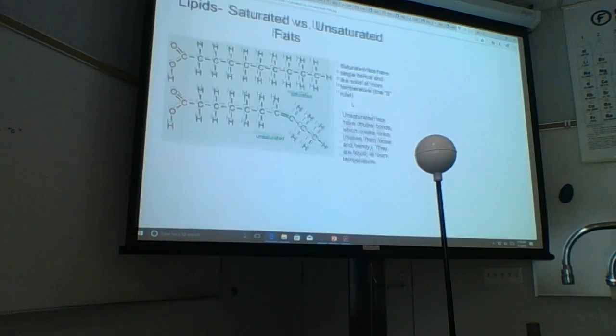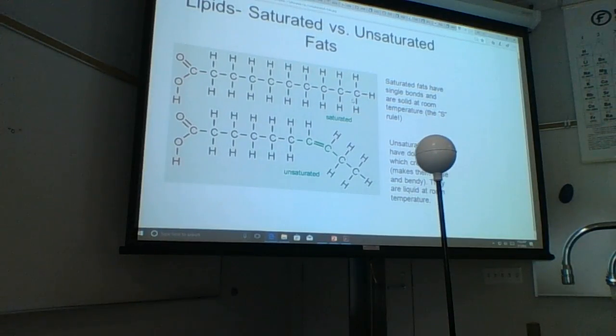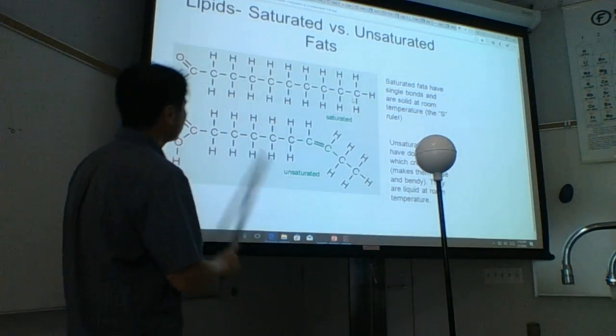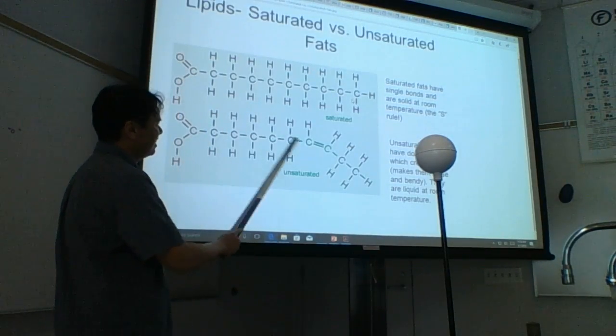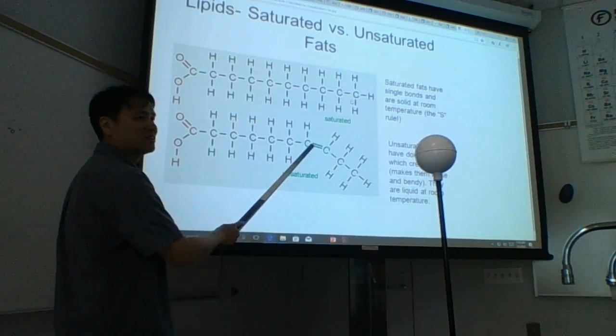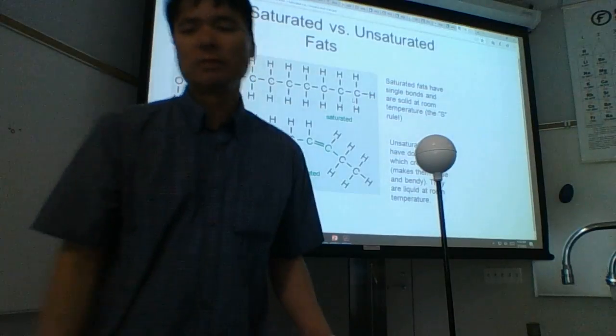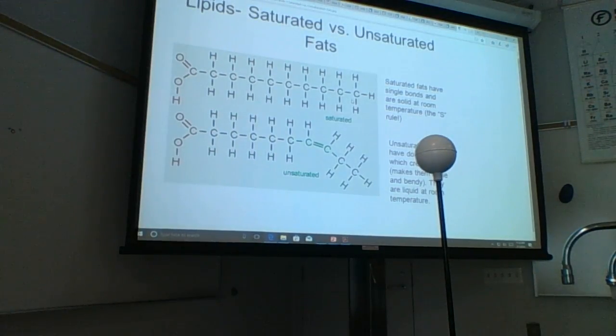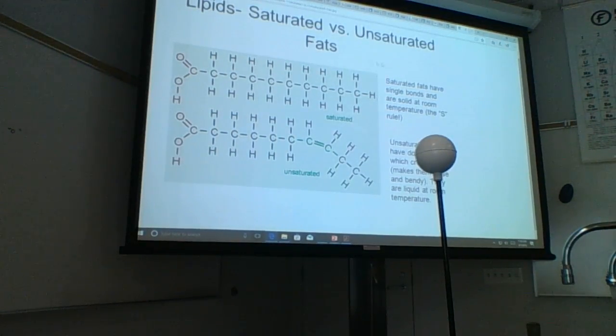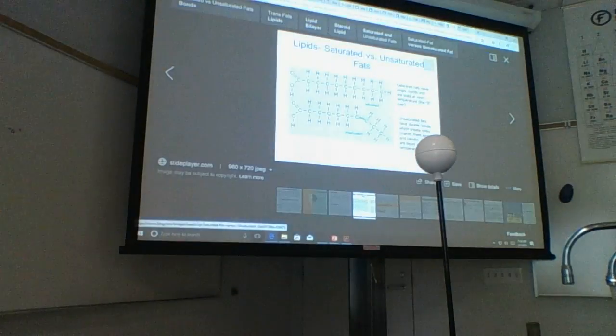What having that double bond does is it puts a kink in the structure. So an unsaturated fat will have a kink here because of this. The saturated fat will just continue on like a chain, but this is not three-dimensional. Let's look at a three-dimensional drawing or structure of this.